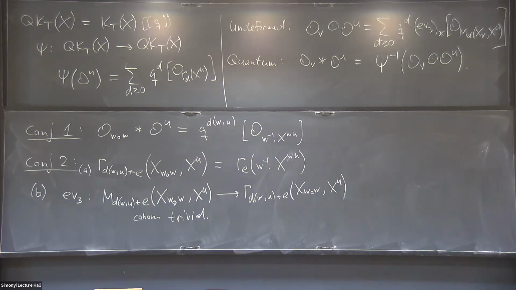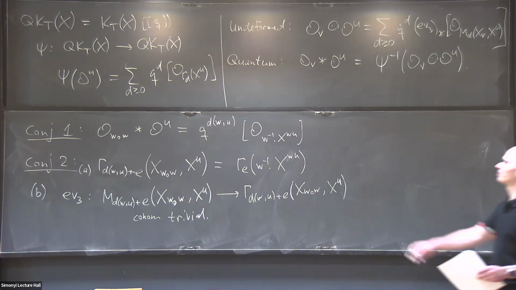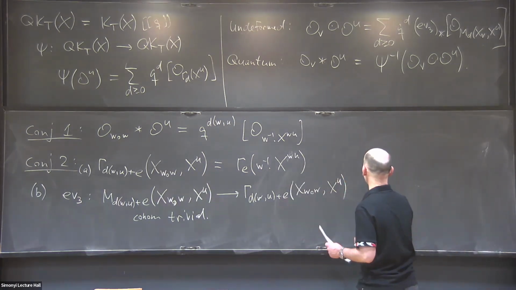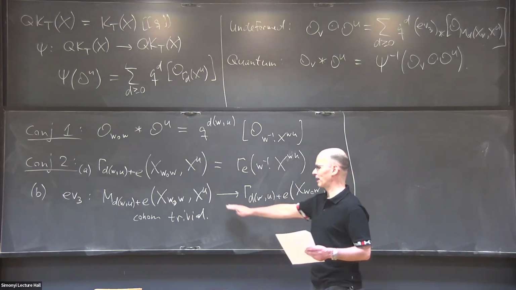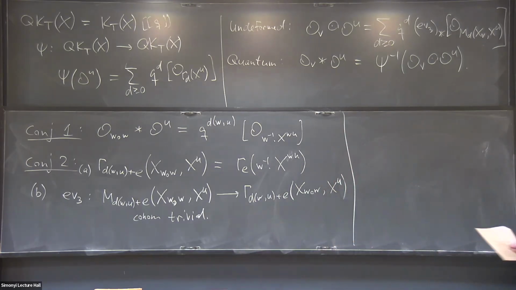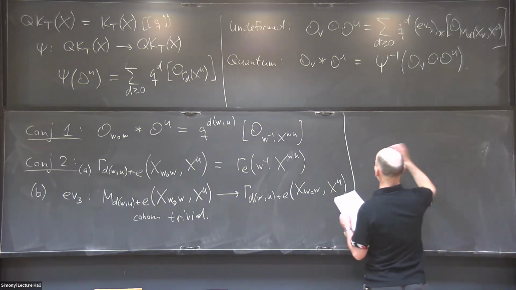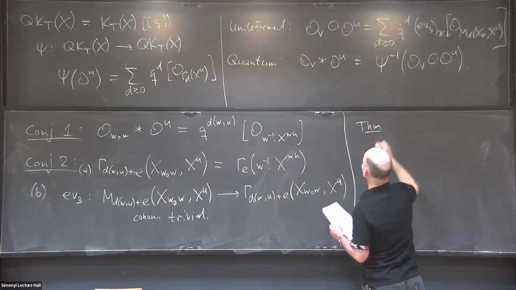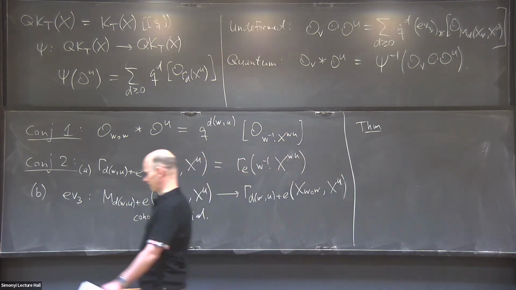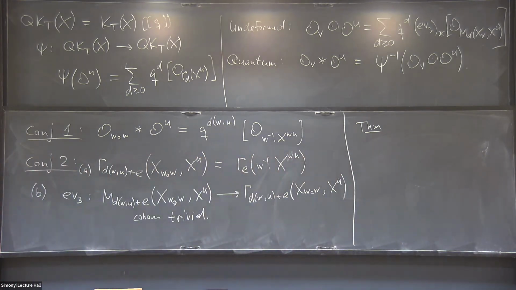This is true for e equal to 0. That follows from the first conjecture, and the fact that this map here is birational by Pierre-Emmanuel Chaput and Perrin's result. Yes, it is true because of the conjecture.